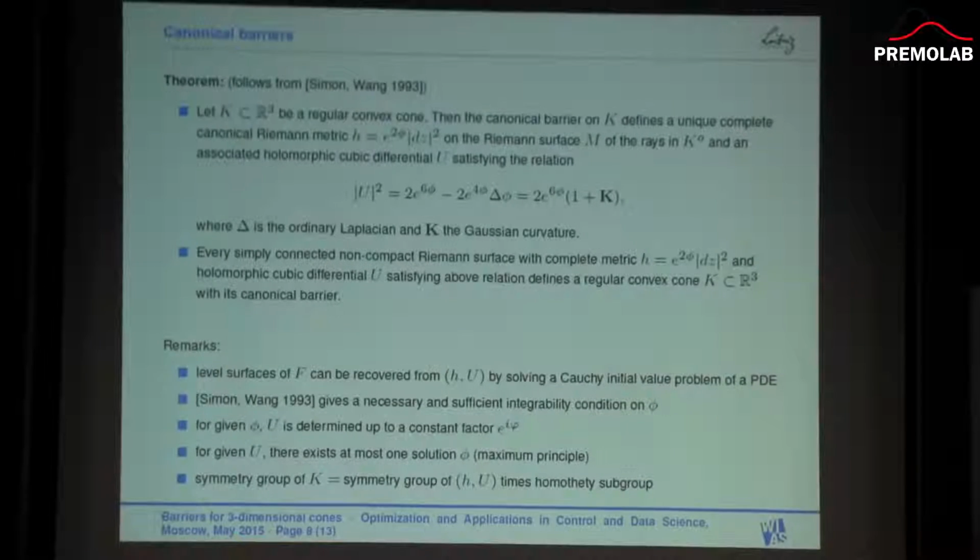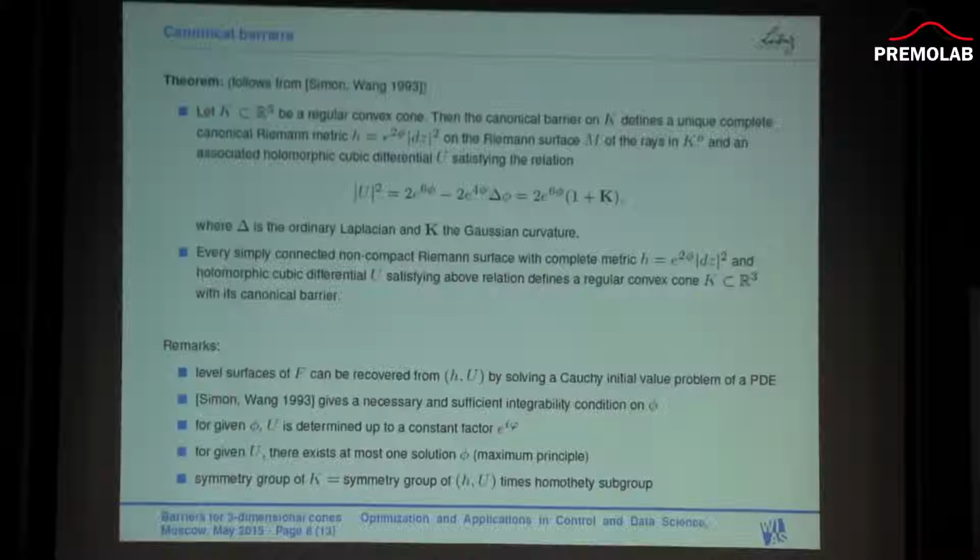And if this compatibility requirement is met, then the pair defines a cone and the canonical barrier on it.